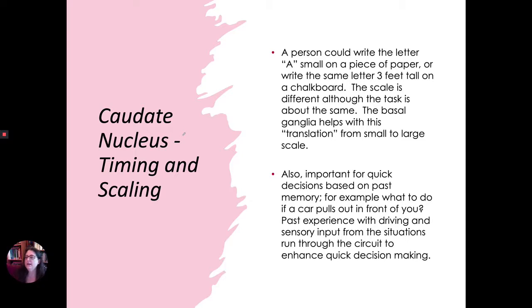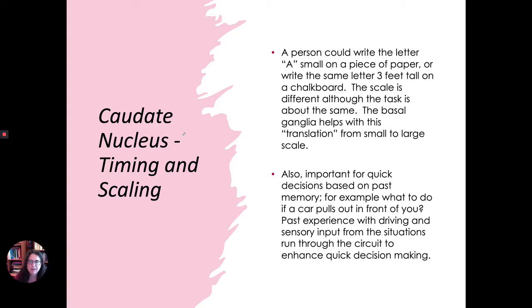The whole body has to crouch down and then stand to your tippy toes to get to the top of the A and then back to the bottom again. That is a scaling thing, right? You're creating the same outcome, but you have to do a completely different motor activity to accomplish the same feat. So with the caudate nucleus, this thinking part of motor planning, you can see how that can be very helpful.